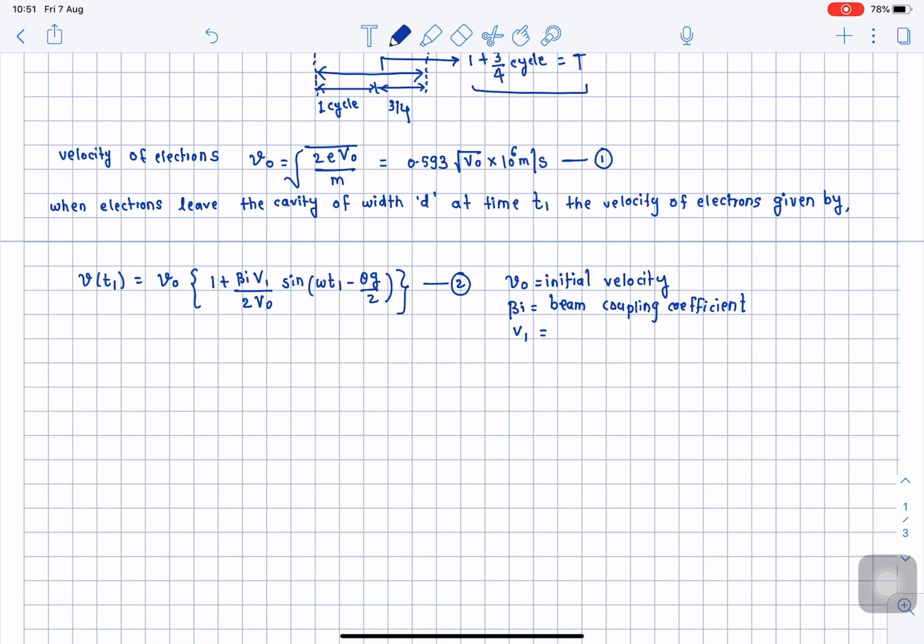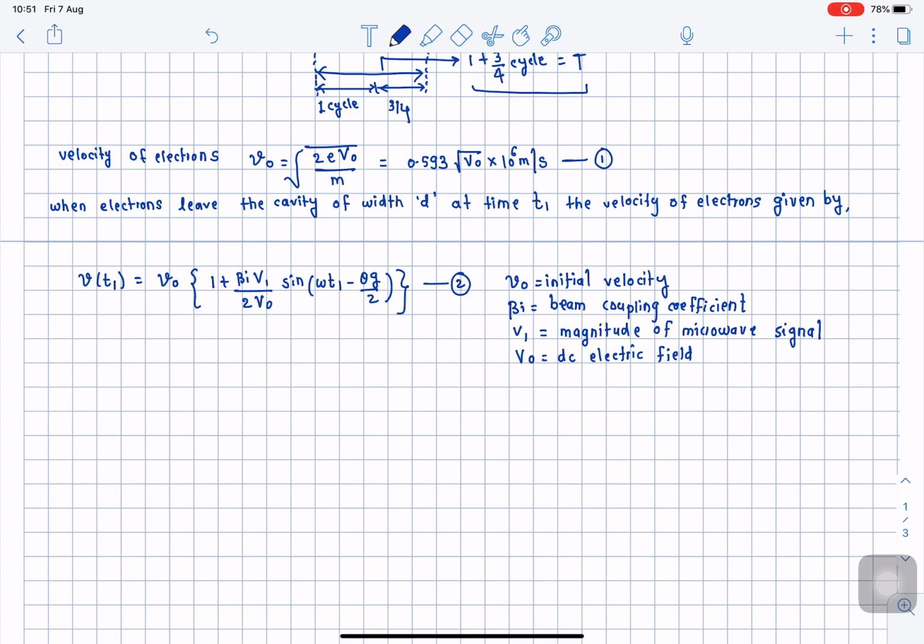V1 is the magnitude of micro signal, which we are going to set up momentarily in order to initiate the operation of oscillation for the reflex klystron. And what is capital V0? V0 is a DC electric field which we apply to the cathode in order to generate electrons.